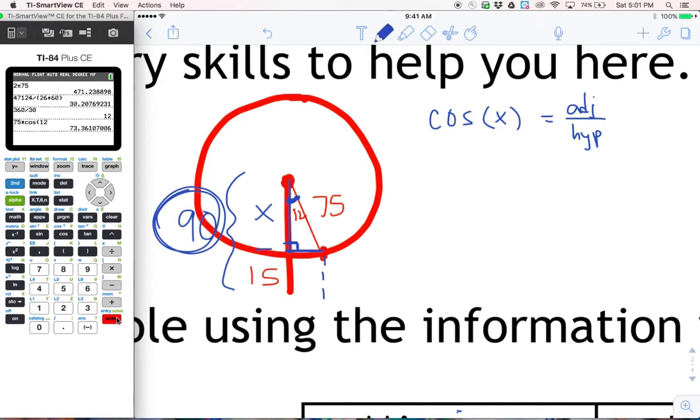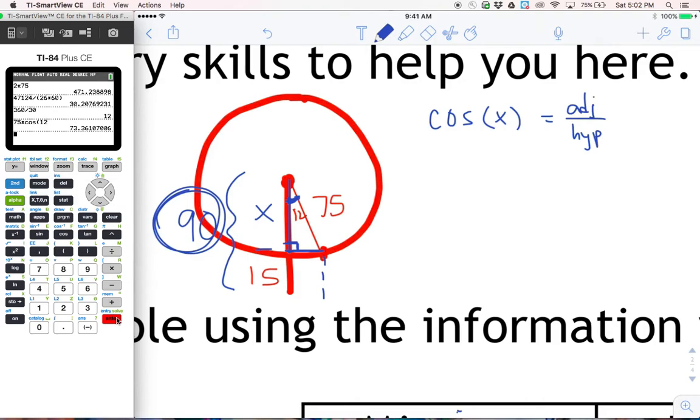I know that my whole center from the ground is 90 meters, and I just figured out from here to about here is 73.4, so I can subtract to find my height from the ground. So 90 minus 73.4 gives me 16.6, which is my height after 1 minute. After 1 minute it was 16.6 meters.